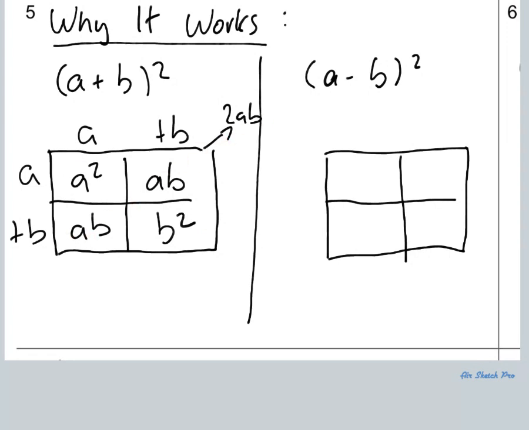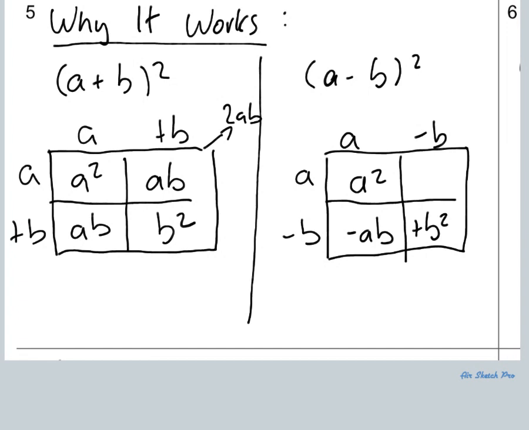With A minus B all squared, I have A minus B and A minus B. I get A squared there. Minus B times minus B. The negative times negative makes it positive, which is why we have positive B squared. And then if I have a look at the other diagonals, I have A times negative B is negative AB because it's a positive times a negative.